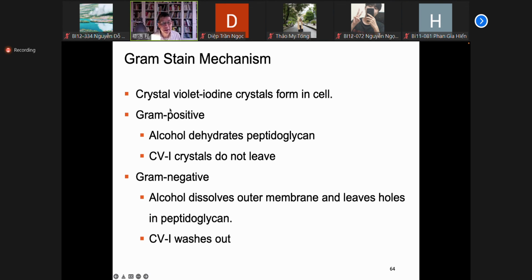Okay, the crystal violet will link with iodine to form larger crystals, larger complexes. And this one, that is when alcohol is used to dehydrate the peptidoglycan. Peptidoglycan in gram-positive cells is thick.